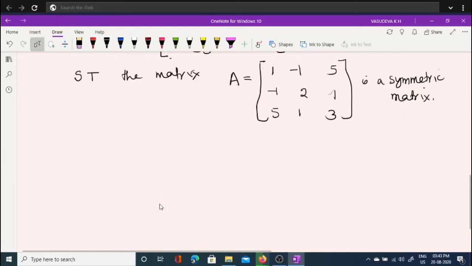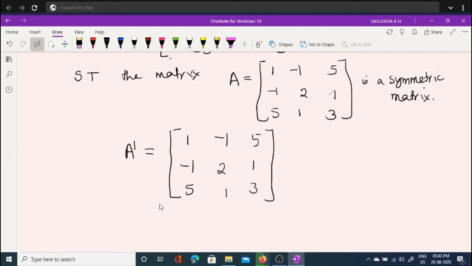Here take A dash, the transpose of this, that is 1 minus 1 5, minus 1 2 1, 5 1 3. Observe that when you take the transpose, here also the elements above the principal diagonal are same as the elements below the principal diagonal. Absolutely, this A dash is equal to A, therefore A is symmetric. A is a symmetric matrix. You have to conclude like this.